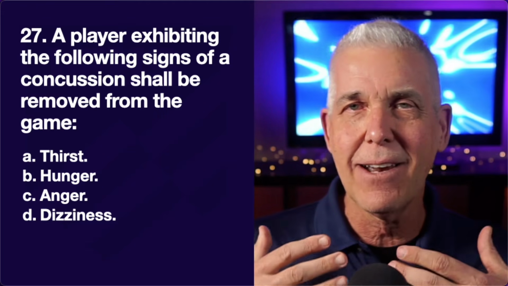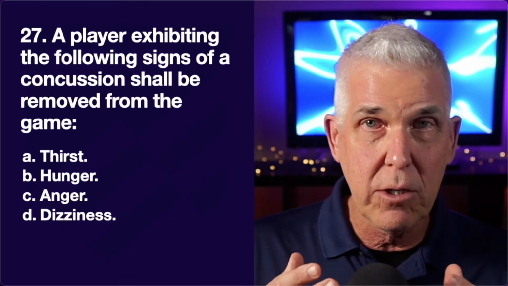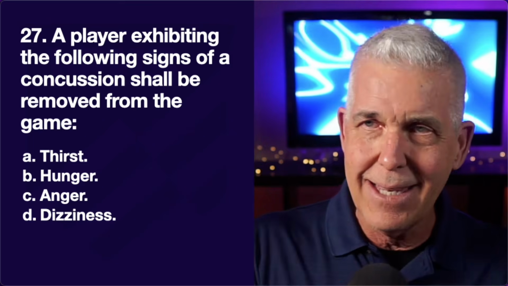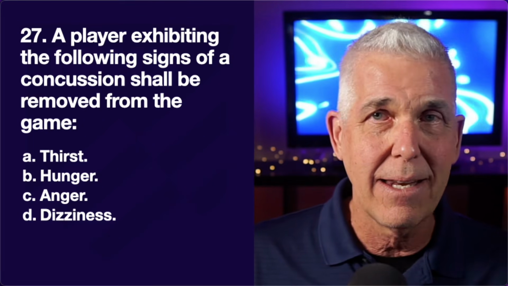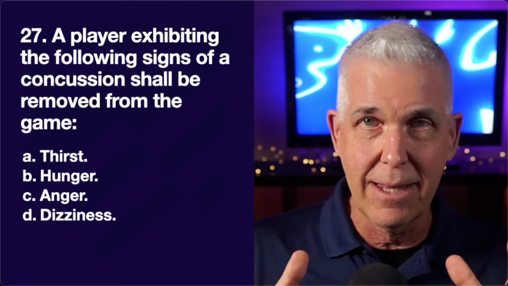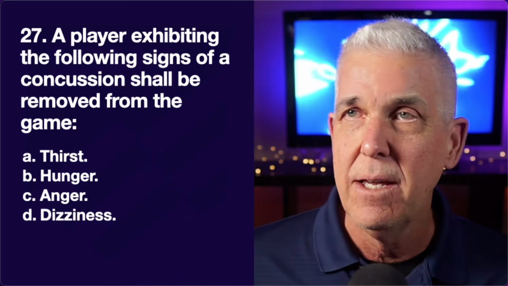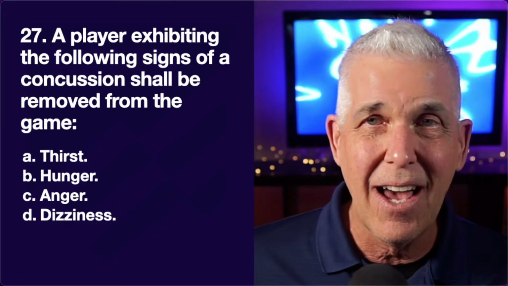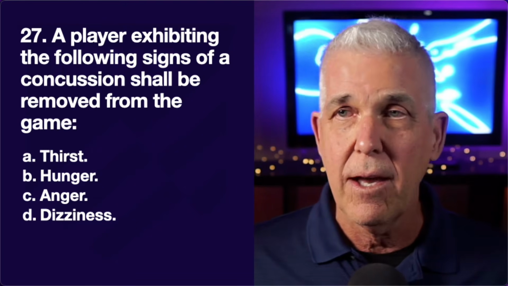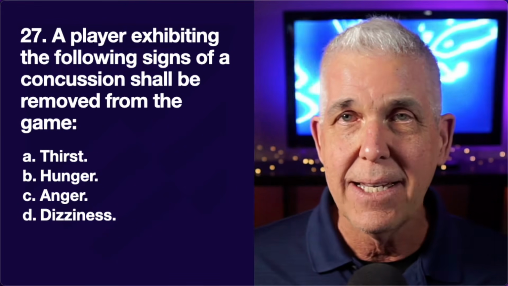But obviously, a player exhibiting confusion, etc. In this instance, dizziness, right? If they become dizzy, immediately we need to replace that player. They are at risk. They have exhibited a sign of concussion. Our correct answer here would be D.